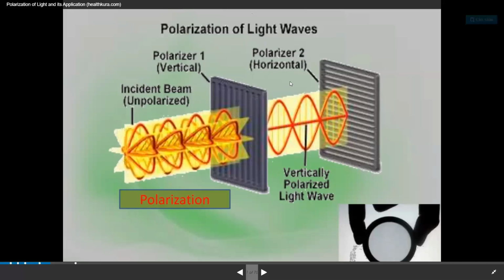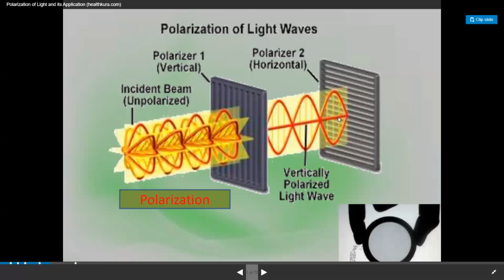So this is the use of polarizer one. When you observe, here the polarizer is in a vertical shape, so that's why it allows only vertically polarized light. Whereas polarizer 2 is in a horizontal position.